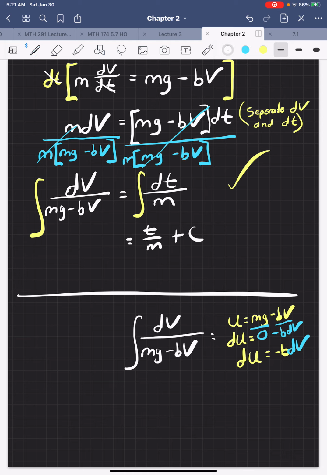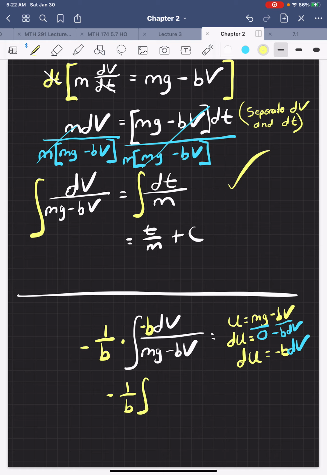I'm allowed to place a negative b here as long as I'm also willing to divide by negative b at the same time. This is just a fancy way of writing 1. So what are we left with at that point? Once all that substitution takes place, negative 1 over b.